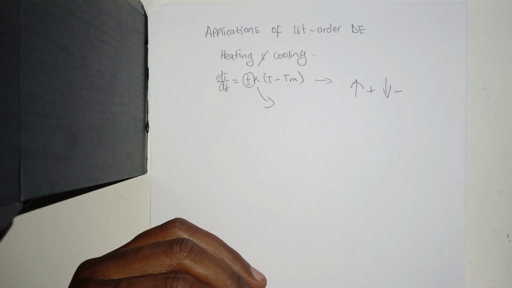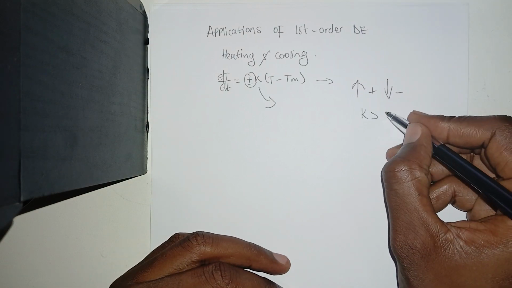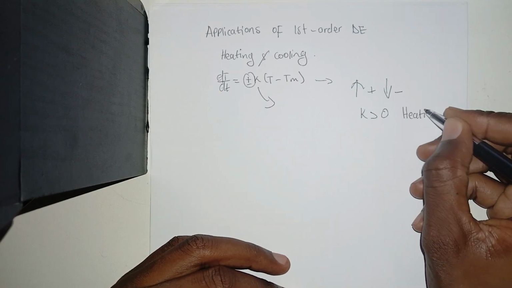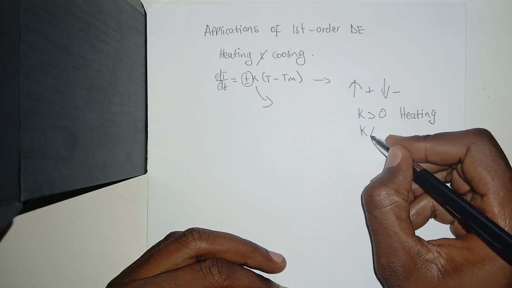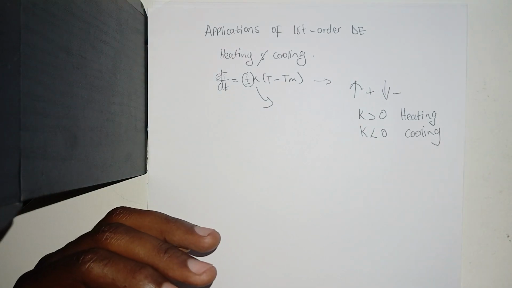Now, when we're talking about heating and cooling, if k is greater than 0, that means it's heating. If k is less than 0, that means it's cooling. This is just basic knowledge.